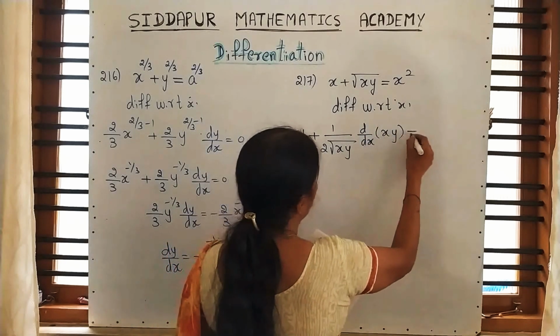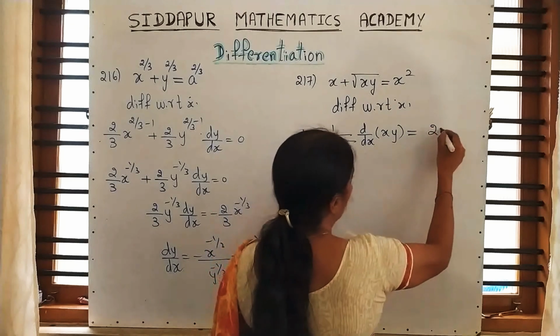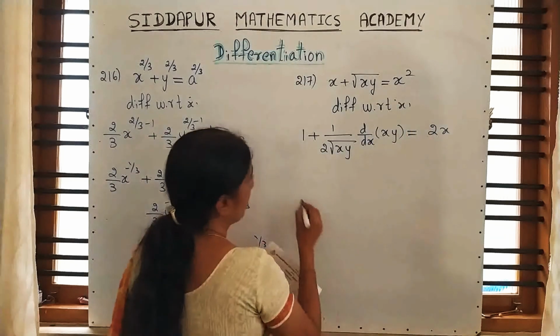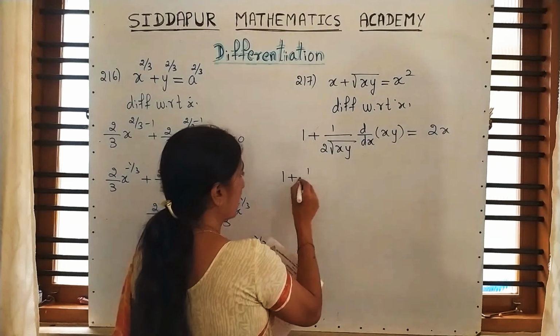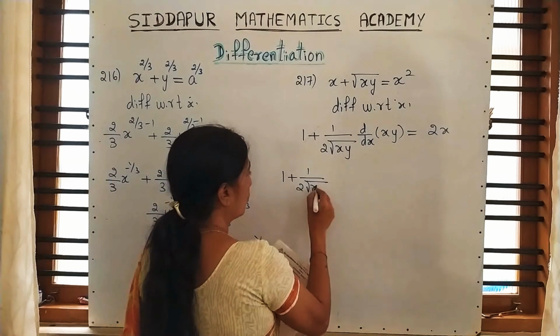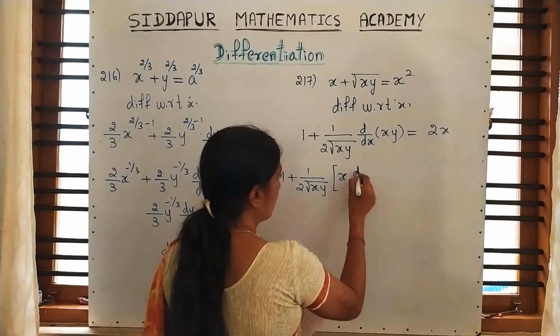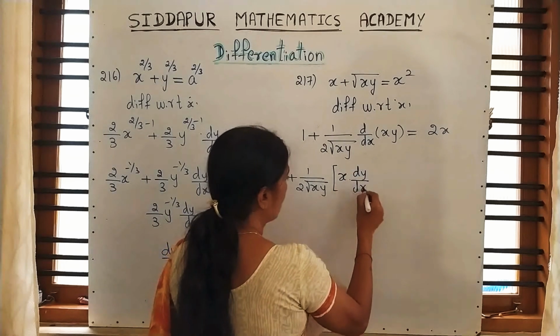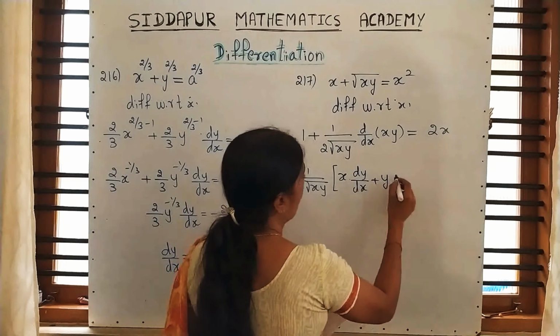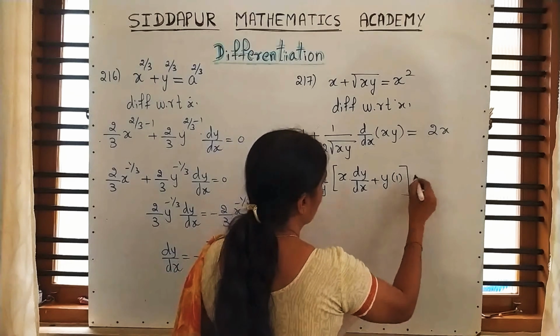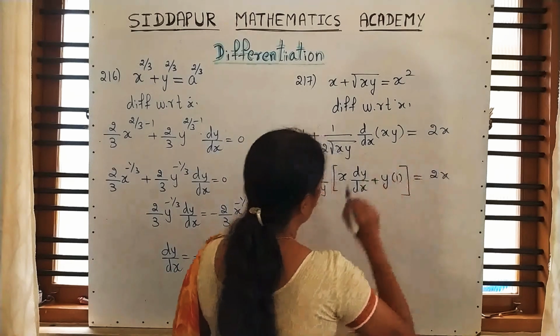Next, differentiation of xy, is equal to 2x, because differentiation of x square is 2x. 1 as it is, 1 upon 2 root xy, in the bracket u into v: x as it is, differentiation of y is dy upon dx, plus y as it is, differentiation of x is 1, is equal to 2x.